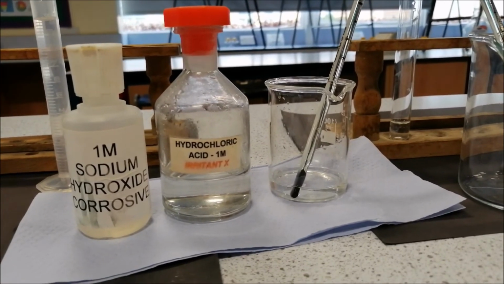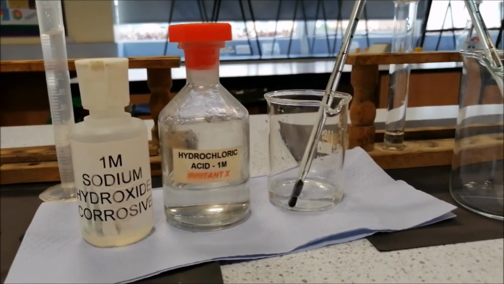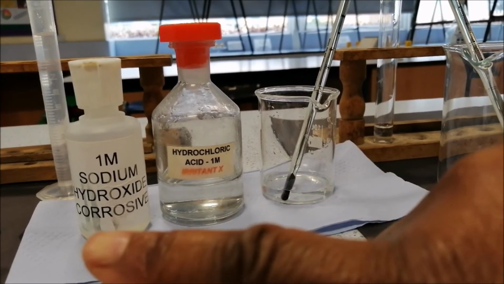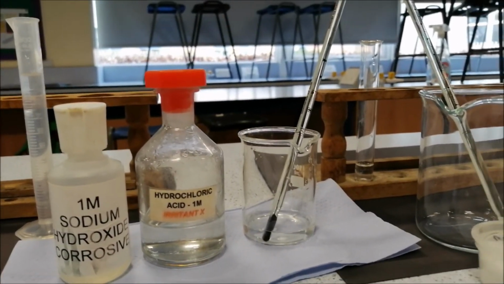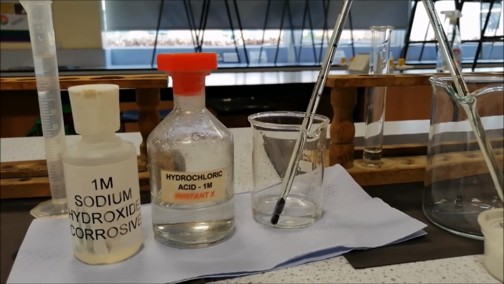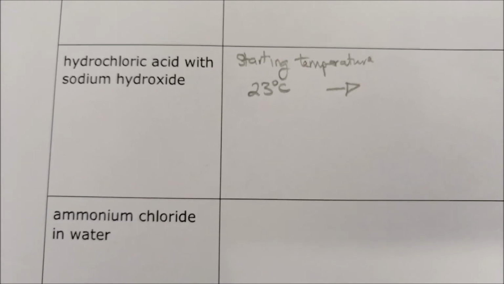This next experiment involves adding 10 ml of hydrochloric acid and 10 ml of sodium hydroxide together. I have to record the temperature of the hydrochloric acid, so let's see what it is.